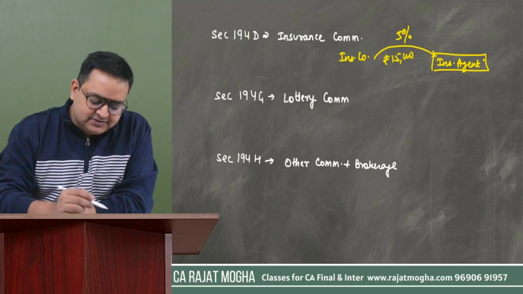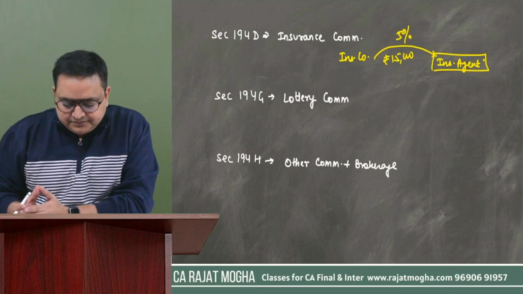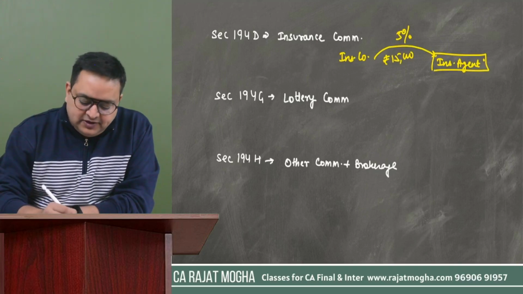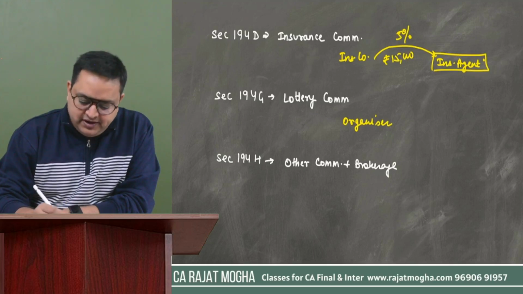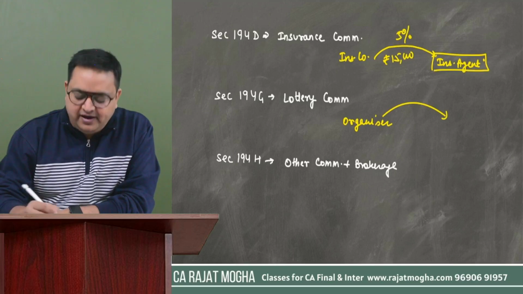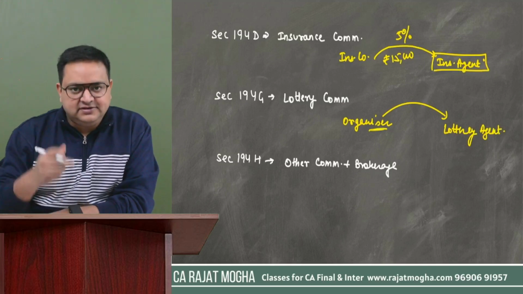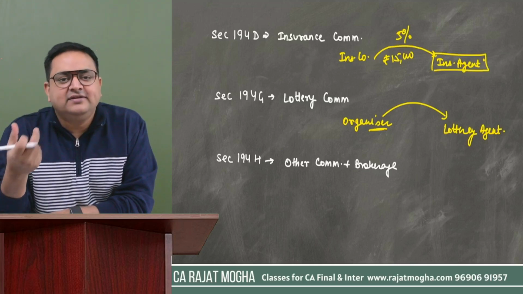194G, similar concept. Let's say there is a lottery, although it is not legal in most states, but in some states we still have lottery systems. Let's say there is an organizer of the lottery and they appoint lottery agents who work on their behalf. Lottery agents help these lottery organizers to sell the lottery tickets, and for that they receive commission.